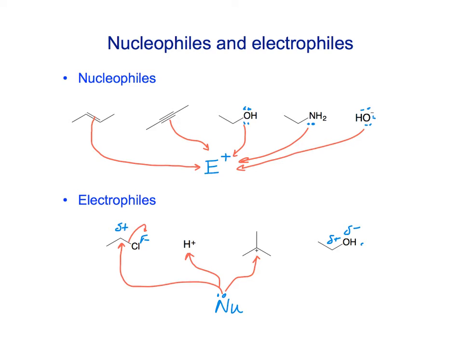We know this hydrogen is also delta plus, and so a nucleophile here could either be reacting with the carbon that has the delta plus, or it could be reacting with the proton. So in each of these cases, we have an electron-rich species, the nucleophile, reacting with the electron-poor species, the electrophile.